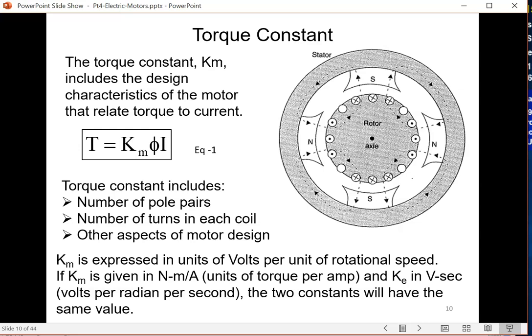Km is a design parameter for a particular motor. So if you buy a motor off the shelf, or if somebody designs a motor, once the motor is designed, Km is fixed.